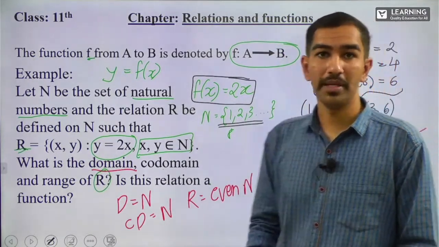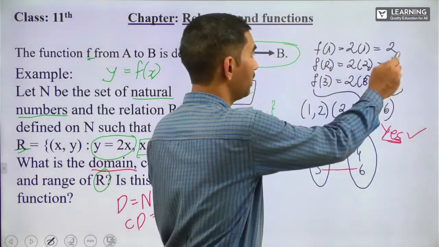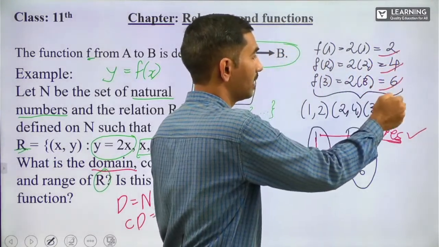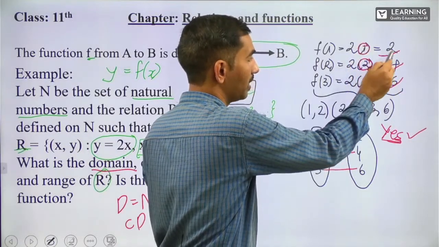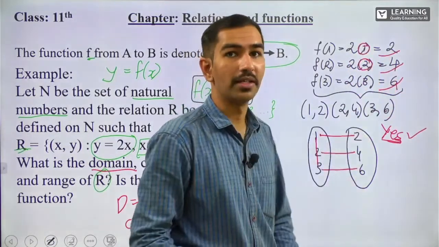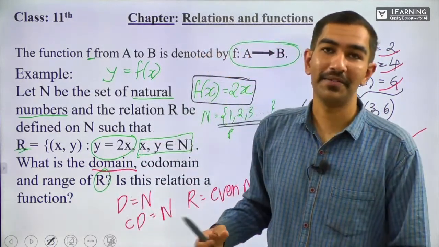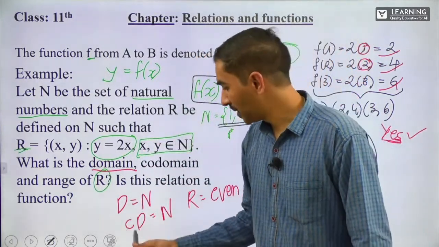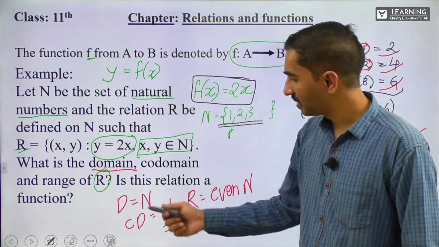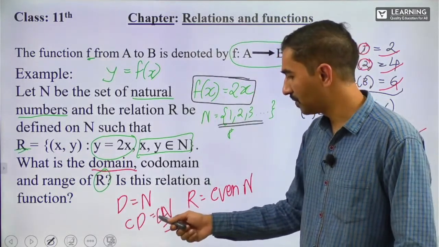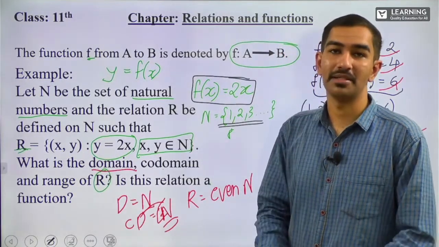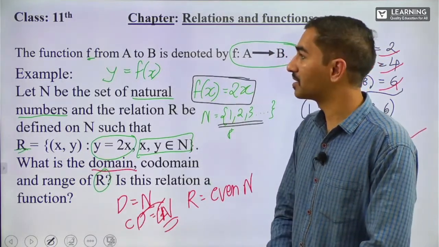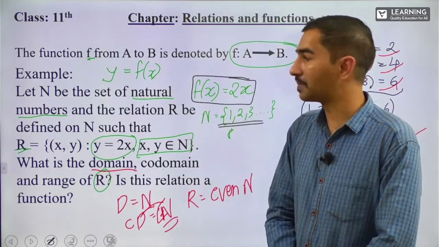So see the codomain, see the range here, we are getting even numbers only, right? 2, 4, 6. Irrespective of whether you are inputting an odd number or an even number, the output is always even only. So the range is the set of even natural numbers, codomain is natural numbers, and domain is the set of natural numbers. So that was the very first example of functions. Alright, moving on to the next example.